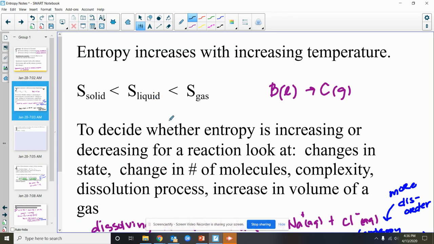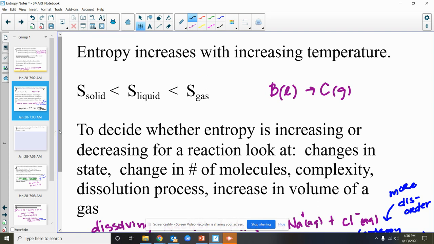Okay, there's a couple different ways that you can look at entropy. One of the things is solid versus liquid versus gas. When you're looking at the order of something, the state of matter really plays a part. If you think about a gas, the molecules are in constant random motion.